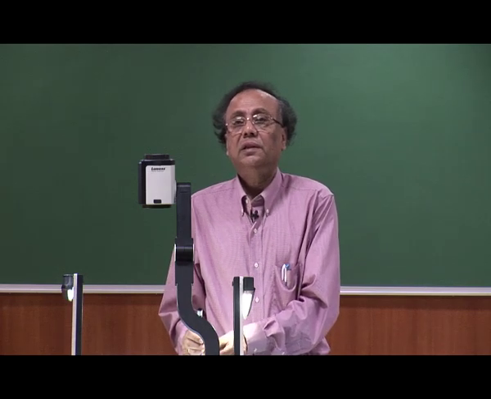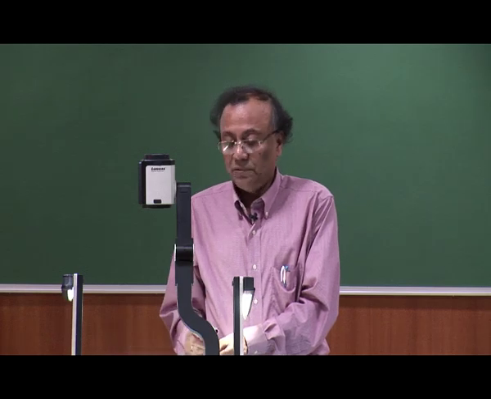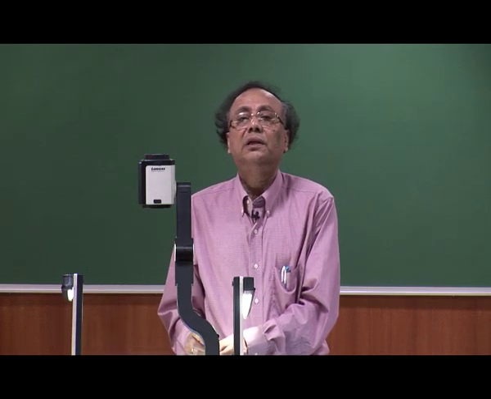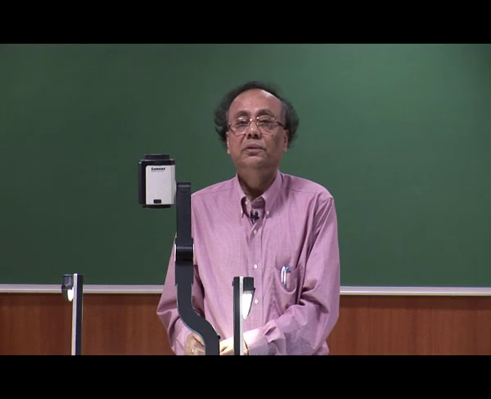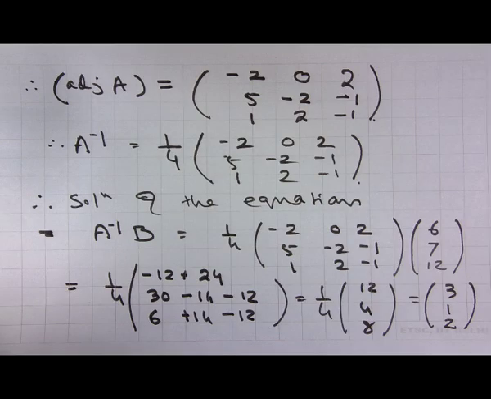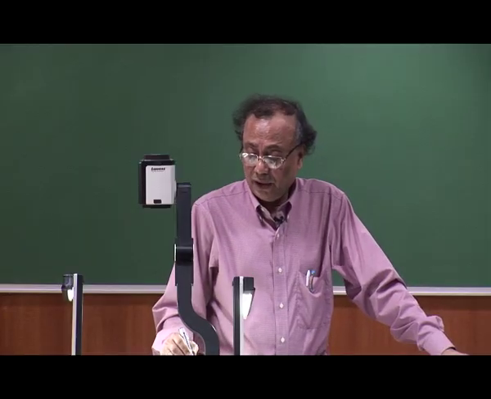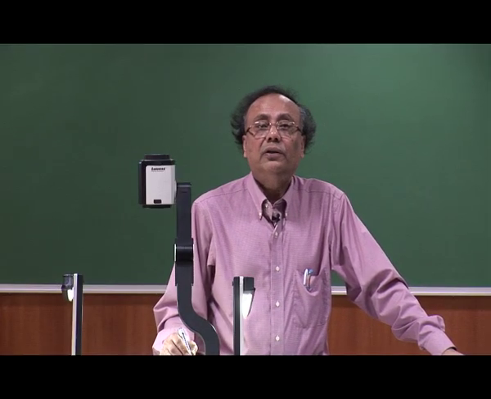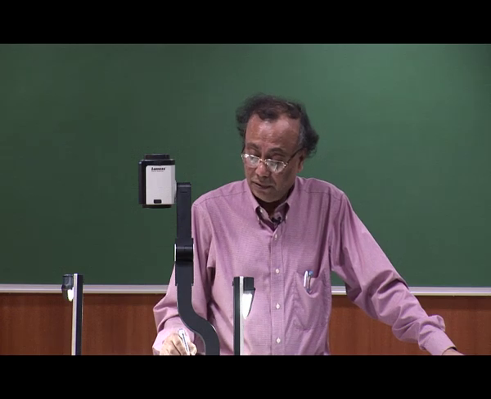I suggest that you put these values in the equations and you see that all the three equations are satisfied by these three values. Another way of solving is what is called Cramer rule.